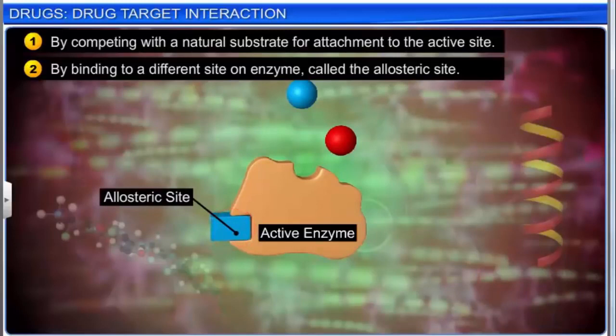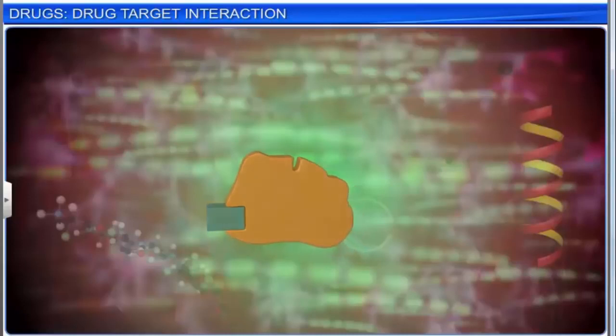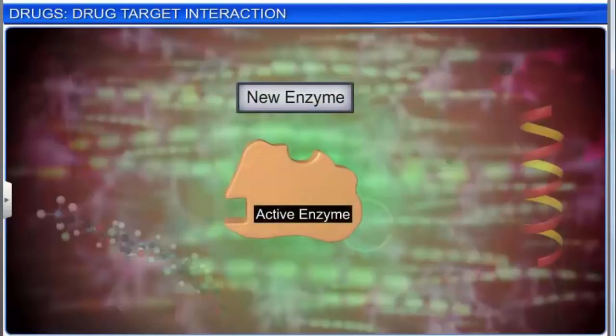By doing so, it changes the shape of the enzyme's active site in such a way that a substrate cannot bind to it. An enzyme is blocked permanently if the bond it forms with an inhibitor is a strong covalent bond. In such a case, the body degrades the enzyme inhibitor complex and synthesizes the new enzyme.